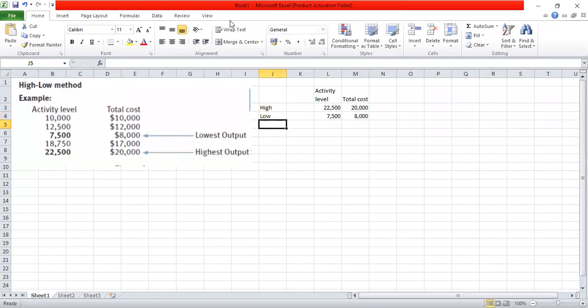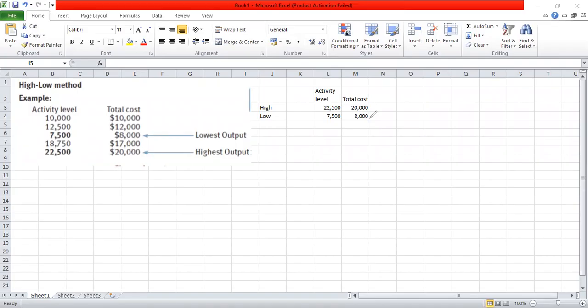So what does this indicate? It indicates that when the activity level moved from 7,500 to 22,500, the cost also moved from 8,000 to 20,000. This is basically a semi-variable cost.